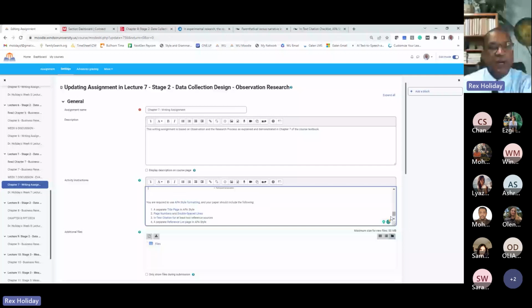Okay, and I'm not worried about deadlines if you get it done after the fact, and I left them open so that you can have access to them beyond the typical deadline date. So this will give you more time for completing this. And then of course this is to make sure you're using the APA style formatting.